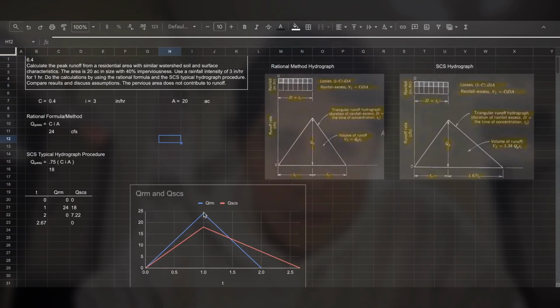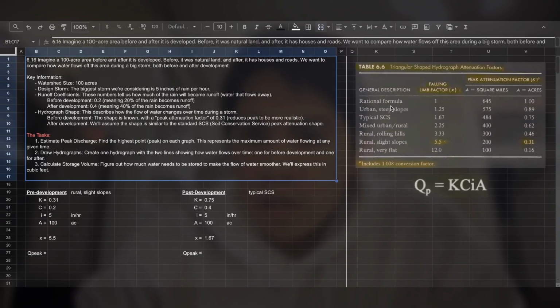The rational formula gives us a higher peak, but the SCS gave us a lower peak. So that peak is going to vary depending on the type of area or method that you are using. Like, let's say you want to use rural slight slopes, which is actually what we're going to use in this problem. We're given that the peak attenuation is 0.31, which is right here, which belongs to rural slight slopes.